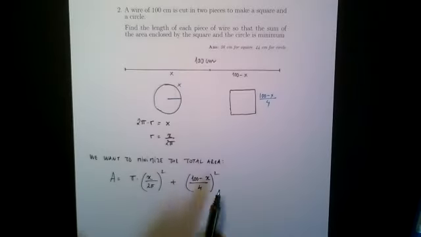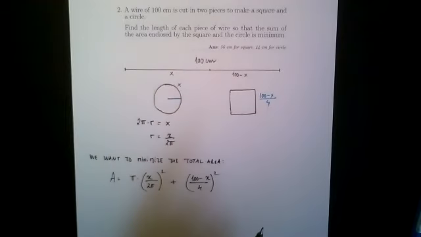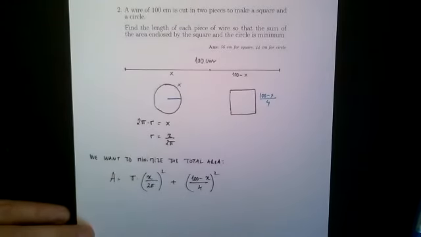I need an expression for the total area as a function of where I cut my wire, so you only need x's in your area. Like every optimization problem we're going to do in this course. If you do calculus 3, you'll see there's more, but here there's only one. So far so good? Thank you. Okay, anybody else?